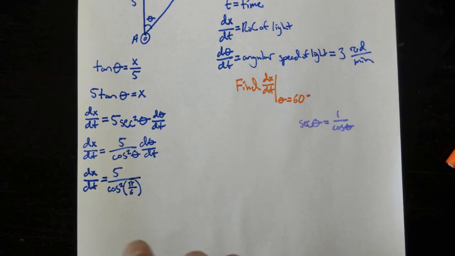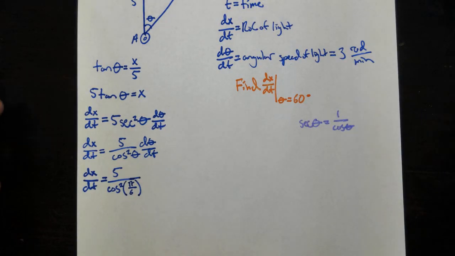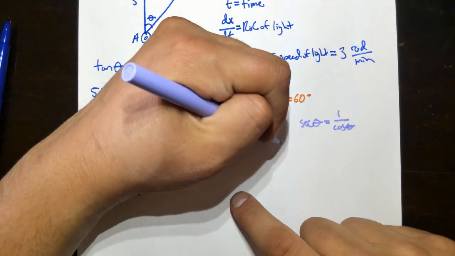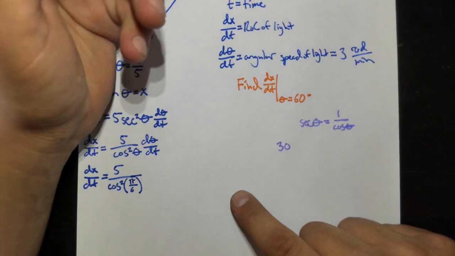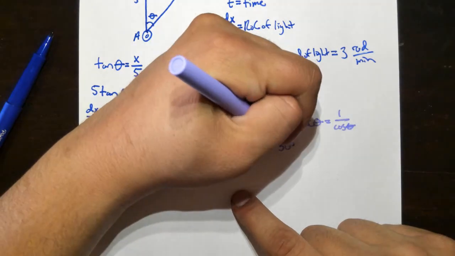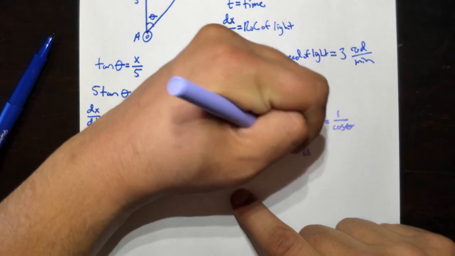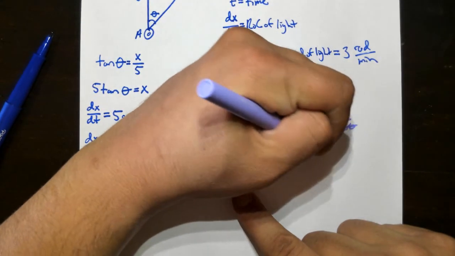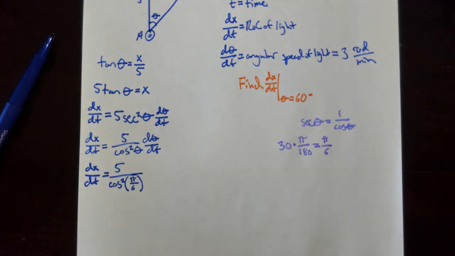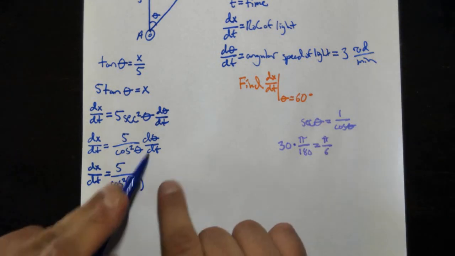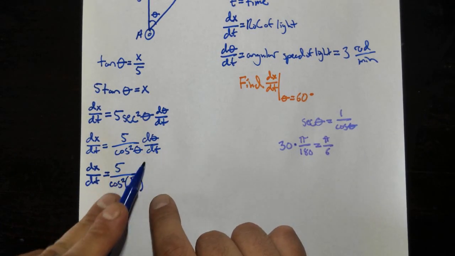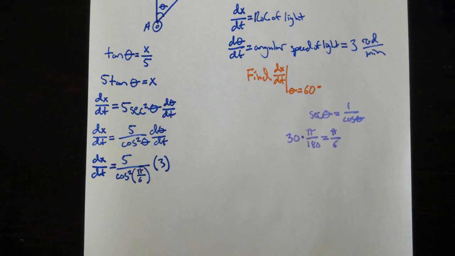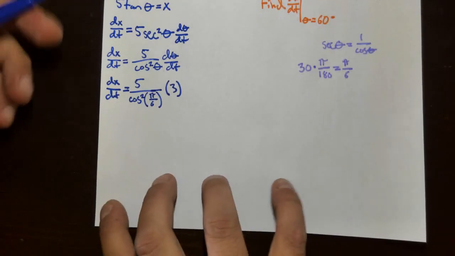You can take 30 and multiply it by pi over 180. So 30 pi divided by 180 is pi over 6. Okay. Going back to this, times d theta/dt, and we're given that as 3. Let's simplify it.